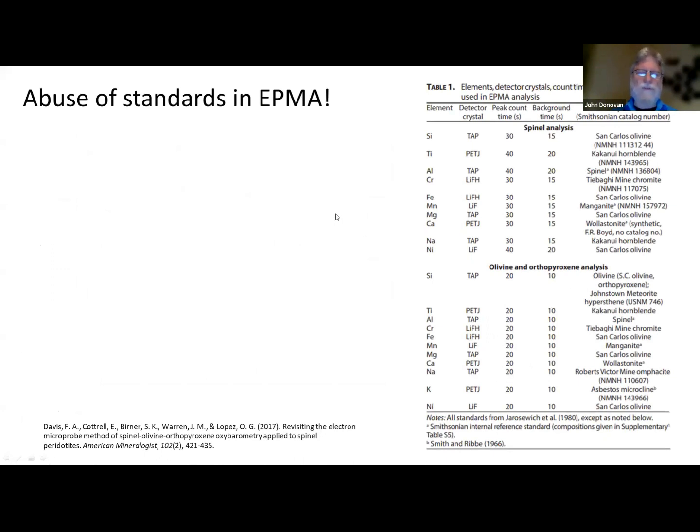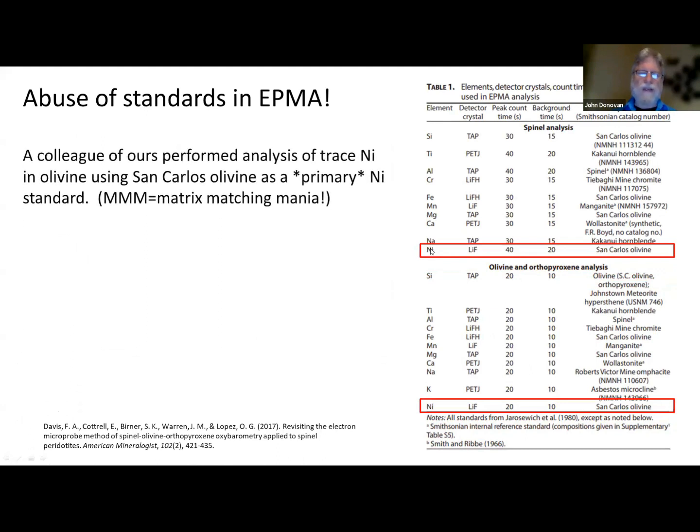Even if this was a perfect standard, this would be abuse, statistical abuse of science. So we have somebody analyzing nickel and using San Carlos olivine as the nickel standard. Well, what's wrong with that? Well, the nickel concentration is 3,000 ppm.